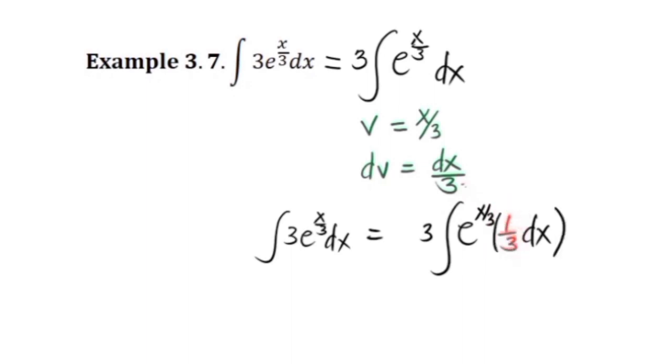So, since nag-multiply tayo ng 1/3 sa loob, we have to multiply the reciprocal dito sa labas, and that's times 3. Since derivative na ng exponent yung nandito sa tabi niya, then our answer is 9 e raised to v plus c. That is 9 e raised to x over 3 plus c.